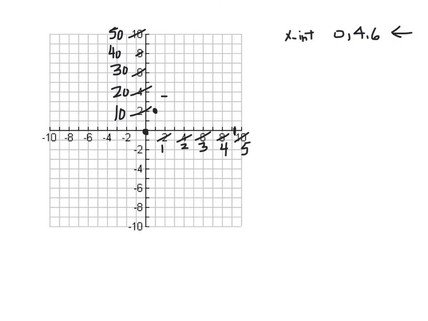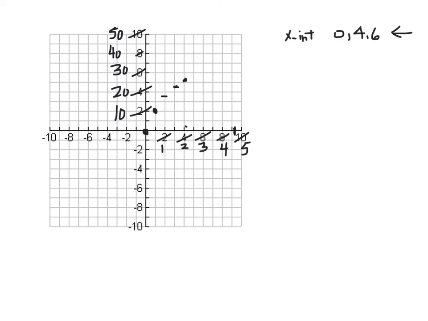This is 25, so 22 is going to be somewhere around here. When x is 2, y is about 25.48. So 25.48 is going to be around here. This is going to be the next point.